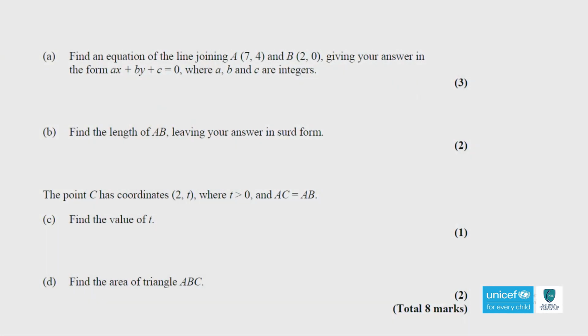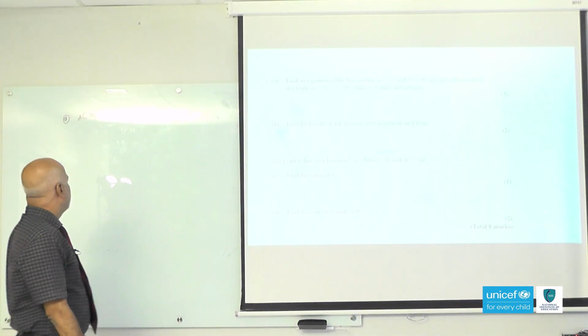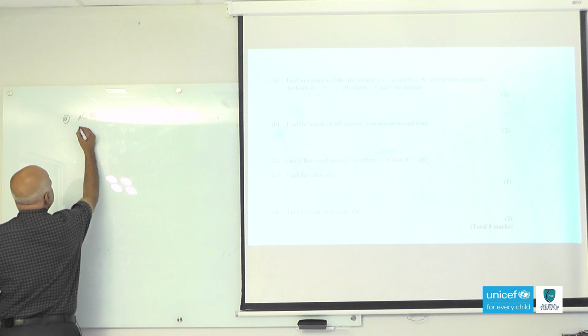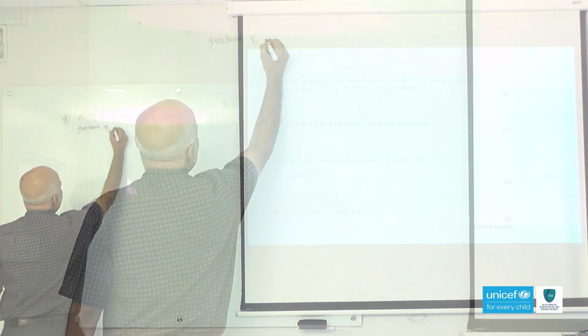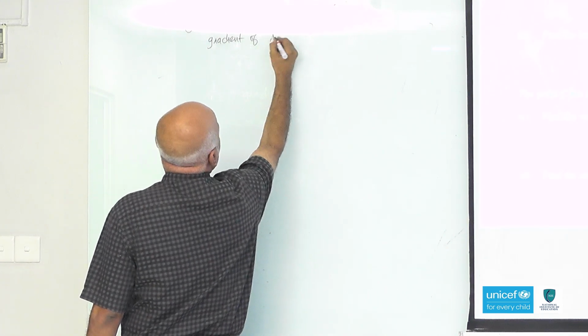Equation of line, that is point A 7, 4, point B 2, 0. First I need to find what I need to find? I need to find the gradient. Let's say I am putting a subheading like this, gradient of AB.